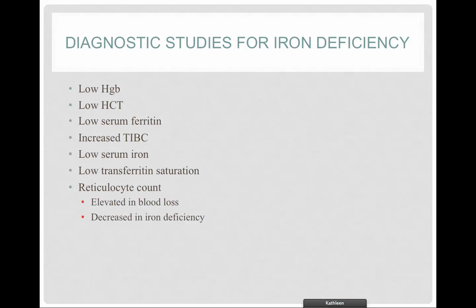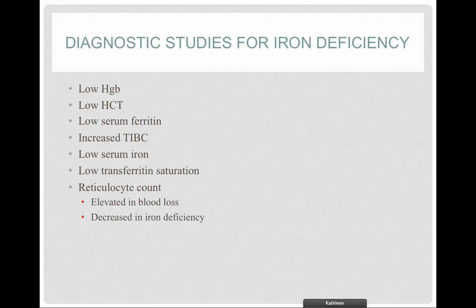Low hemoglobin, low hematocrit, low serum ferritin. And on the last PowerPoint I might have misrepresented what ferritin does, so I want to repeat it again. Ferritin is iron storage and transferrin is iron transport. That's real important to know.